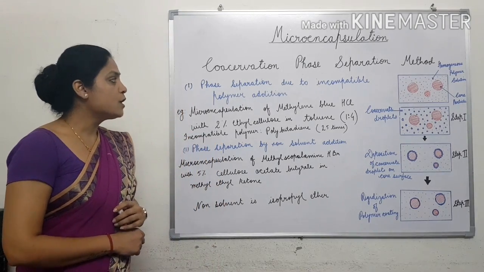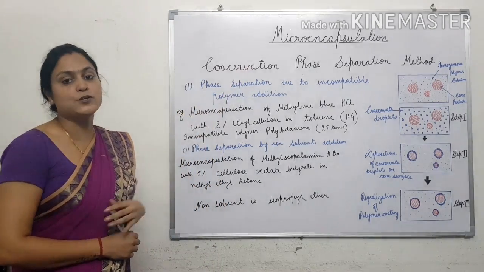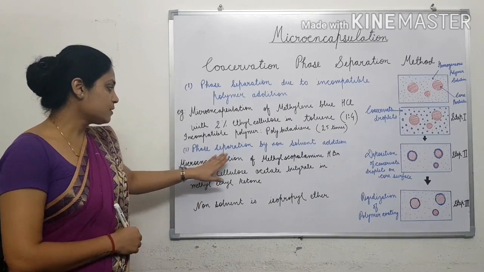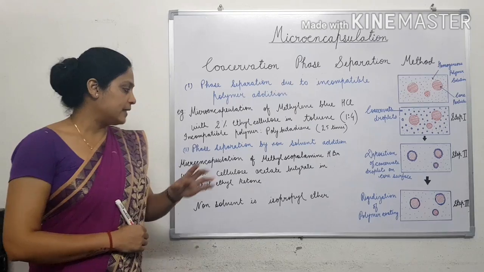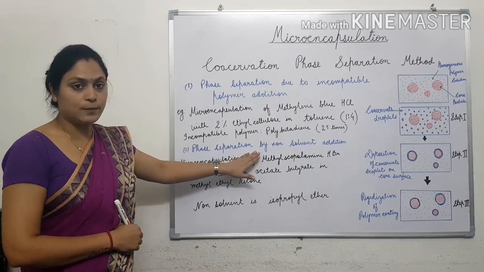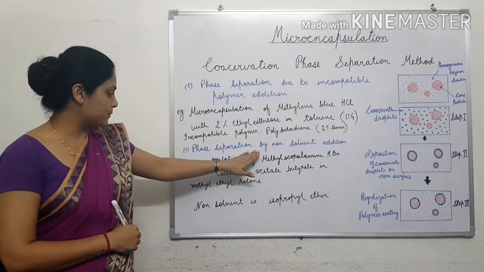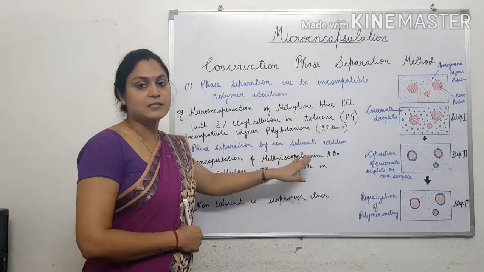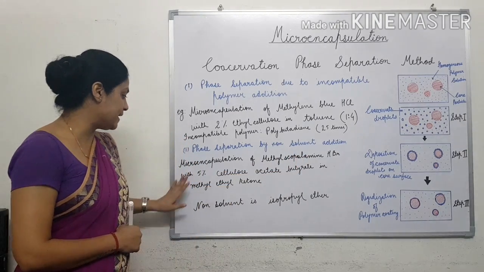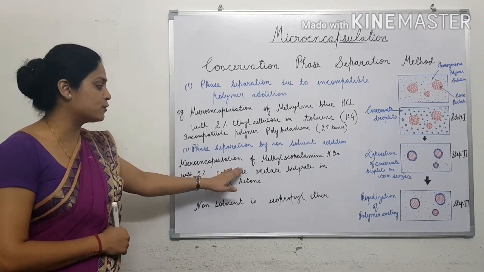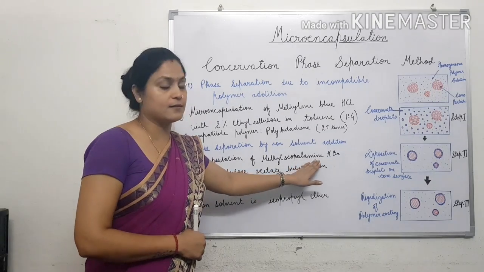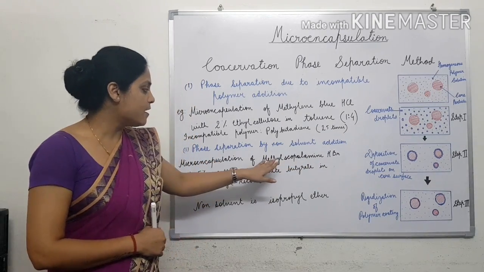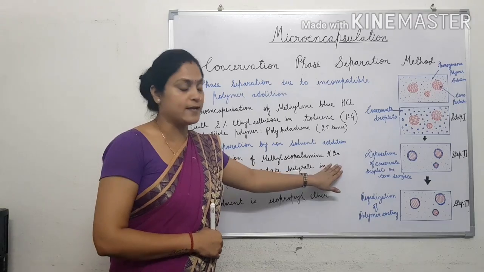Another principle used in the coacervation phase separation technique is the addition of a non-solvent. An example of this principle is the microencapsulation of micronized methyl scopolamine hydrobromide.